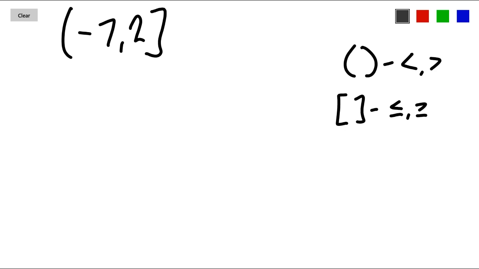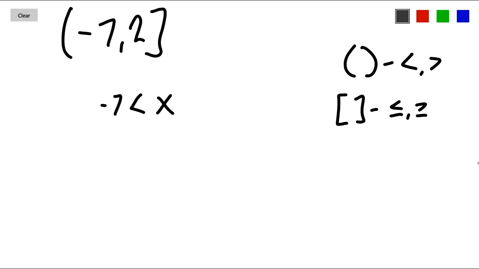So what we can do is we have a number x, and x is going to be somewhere in between the bounds of the interval. So we know that -7 is marked with the parentheses, so we know that we're going to have a greater than symbol here. And then a -7 is going to be on the other side of that inequality symbol.